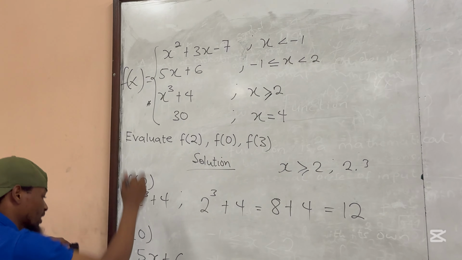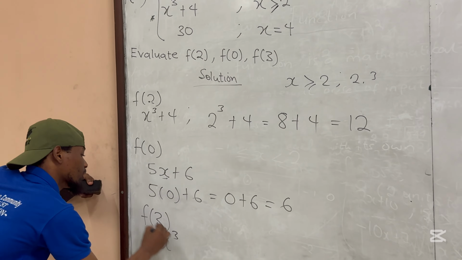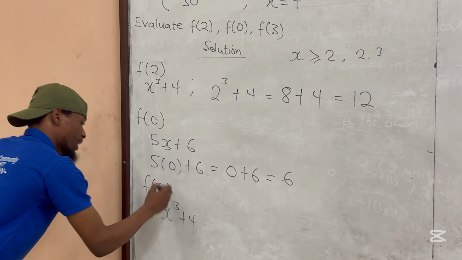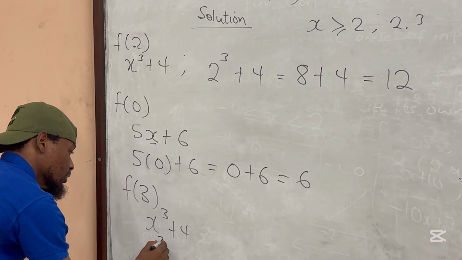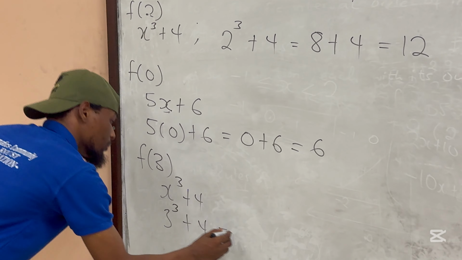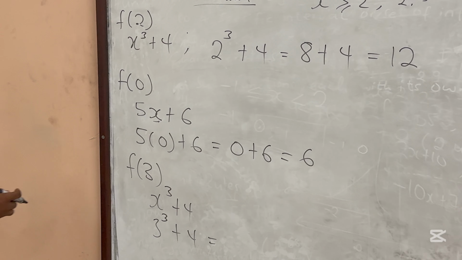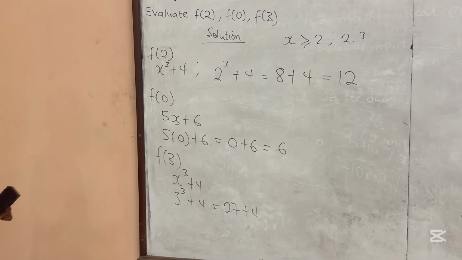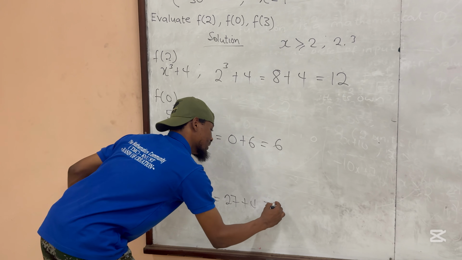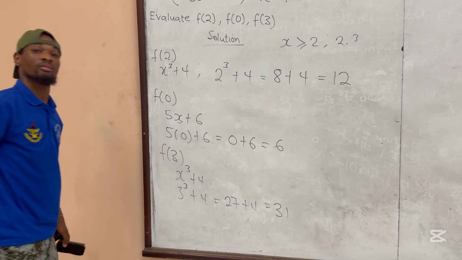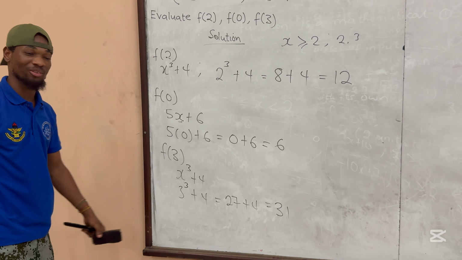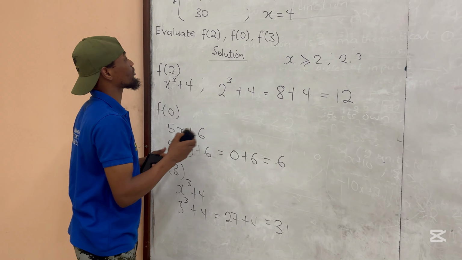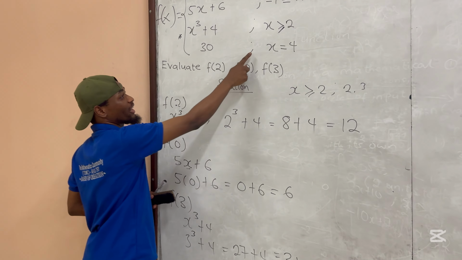So the function there is x to the power 3 plus 4. So here we have 3 cubed plus 4. 3 to the power 3 is 27, plus 4, which is equal to 31. As simple as that.